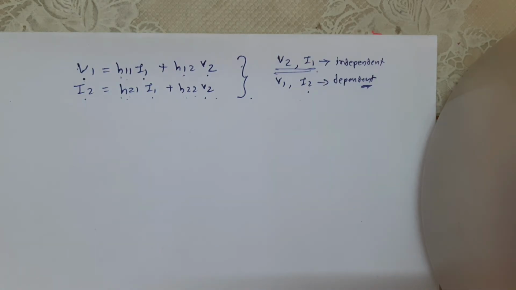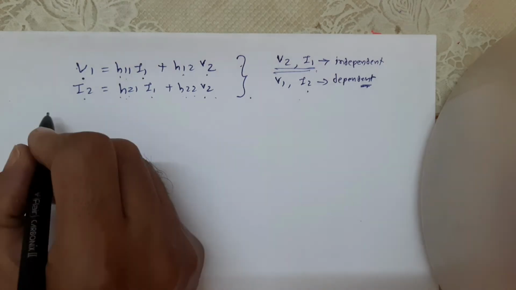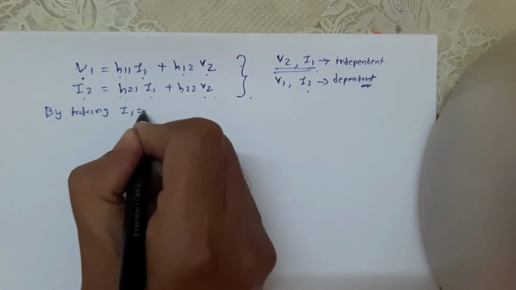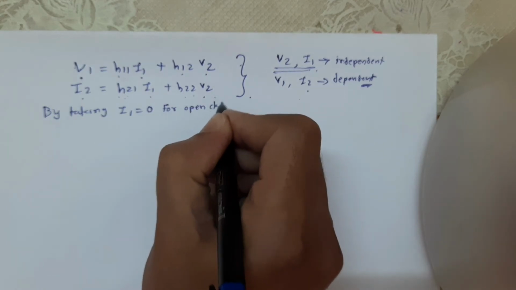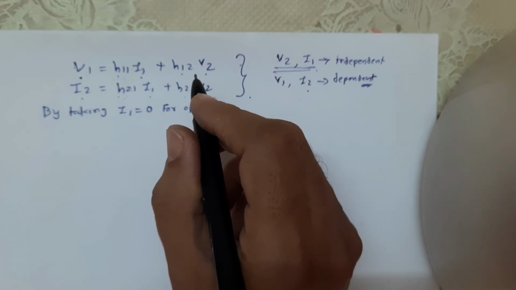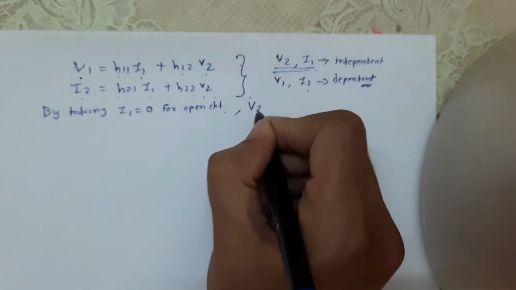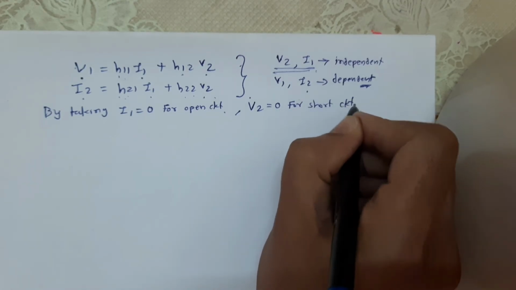Now, the open and short circuit parameters are used in defining H parameters. It is possible to define them by taking I1 is equal to 0 for open circuit, that means the input side is open, there is no current, and V2 is equal to 0 for short circuit.